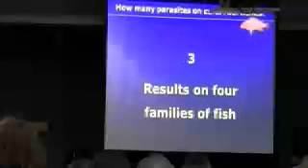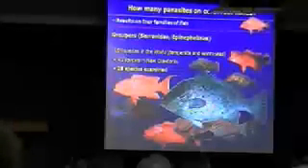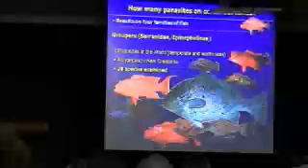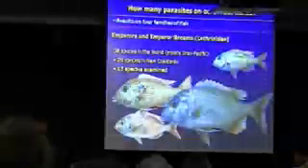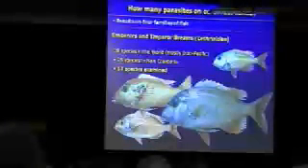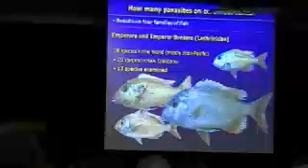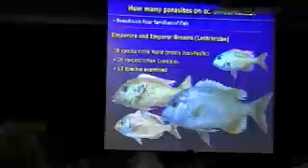So, with this method, let's see a few results on 4 families of fish. Groupers, 28 species examined. Lethrinids, if you work in the Pacific, you know them. If you don't work in the Pacific, you don't know them. They are all in the Pacific with a single species in the Atlantic.